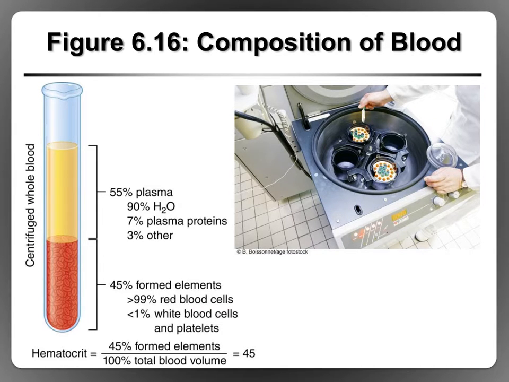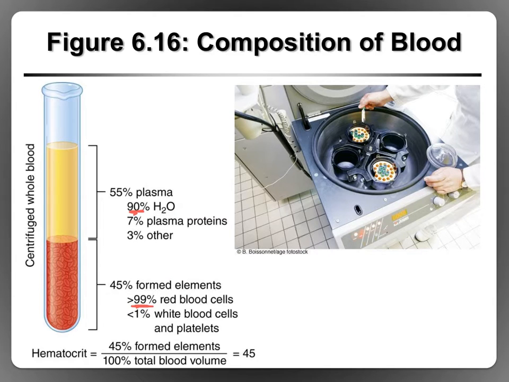They spin it really fast, and the heavier portion of your blood goes to the bottom, and we call those the formed elements. And I told you that your formed elements are primarily made up of red blood cells. And then the less dense portion of your blood is your plasma, and that's mostly water. It's about 90% water.